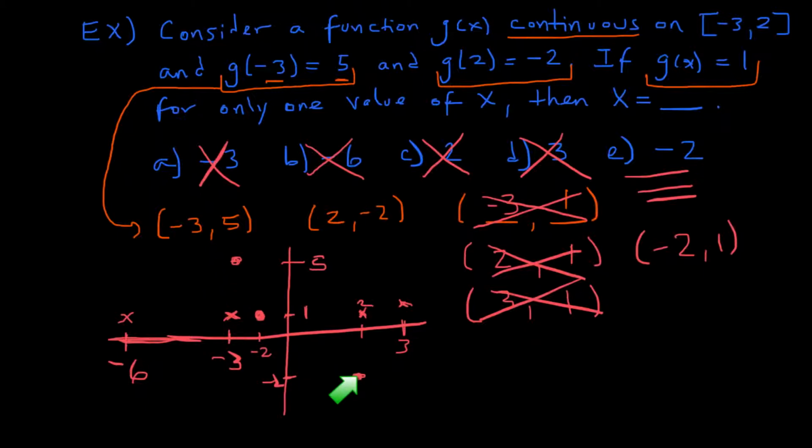Yes, that could happen. And moreover, this point -2 is inside the domain [-3, 2]. So it makes perfect sense. I can have a graph that goes like this, and it is continuous, and it touches the point where y equals 1. And so that's how I know E is the right answer.